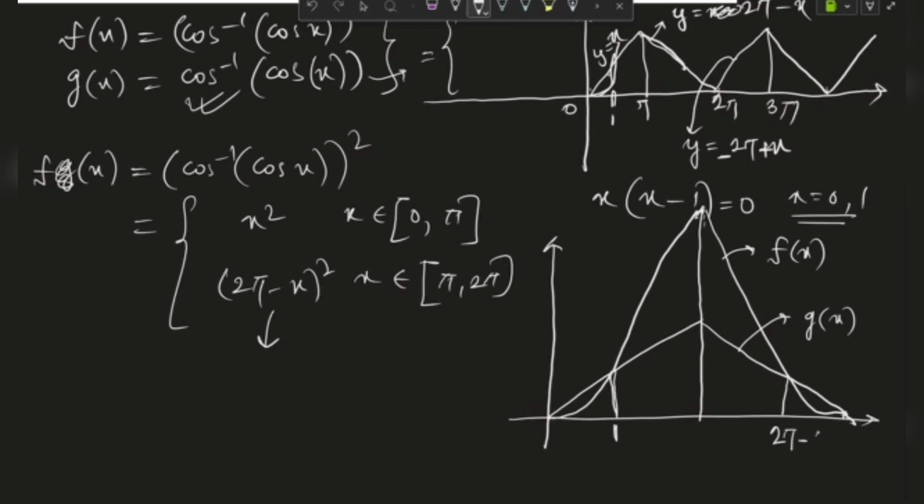I don't know if you can understand, otherwise you can solve it also, but I did it mentally. And this point here is intersecting, this is 2 pi, and here in the middle we have pi. And this point is basically our pi comma pi. So this is somewhat the graph.